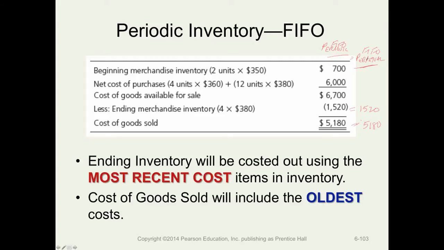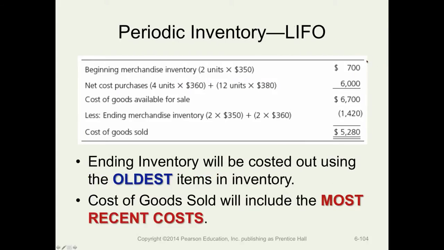Now there will be differences with perpetual LIFO and perpetual weighted average. So let's go to LIFO next, and this is periodic LIFO. Let me put the perpetual here. If you go back to Module 2 and compare this, you're going to find out that cost of goods sold was $52.40 and ending inventory was $14.60.